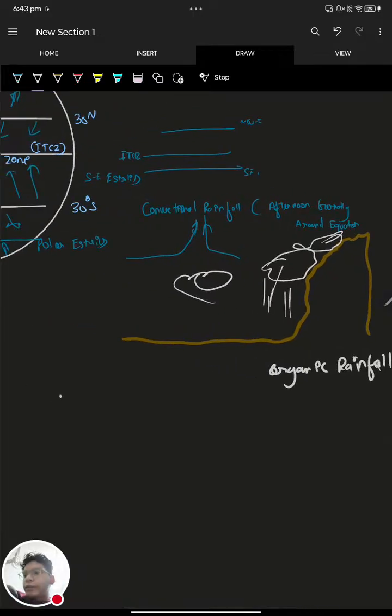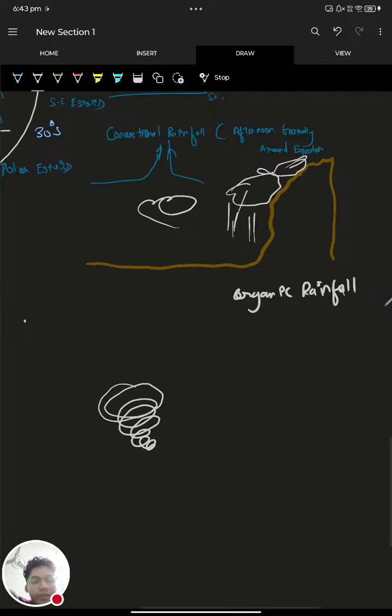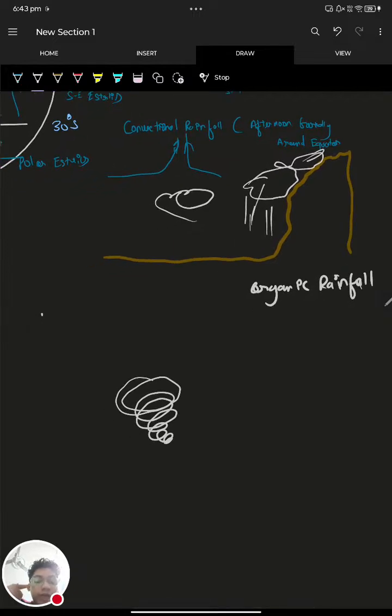Then there is frontal rainfall. Cyclonic rainfall is like when there is a tornado, or if you are in Japan you would call it a typhoon, whatever you want to call it, or in Australia you can call it a willy willy.